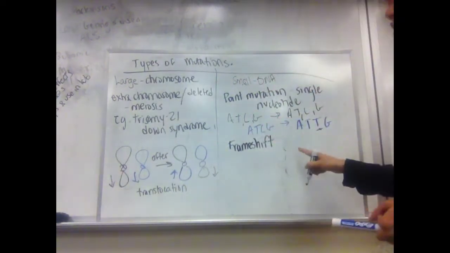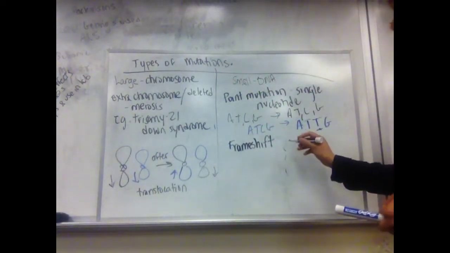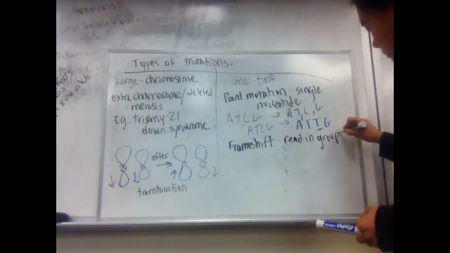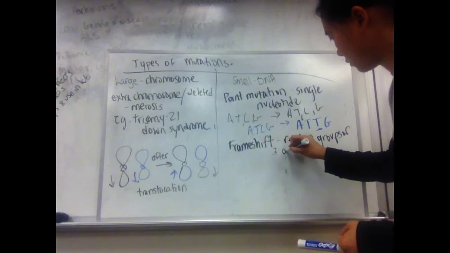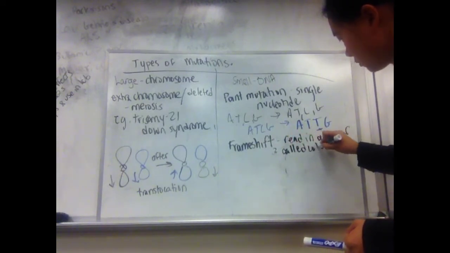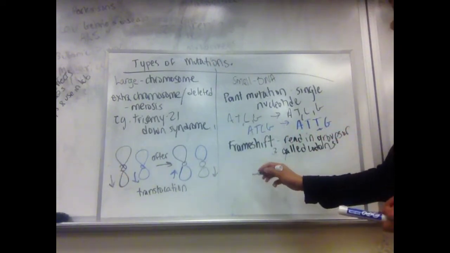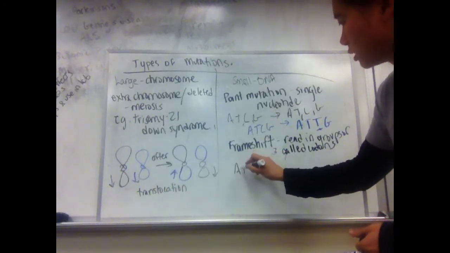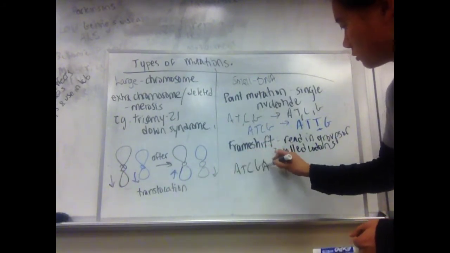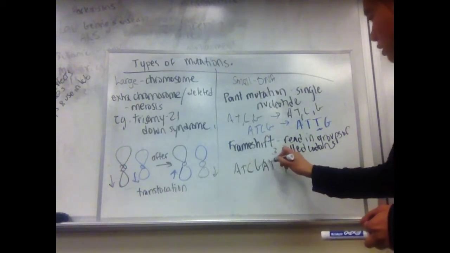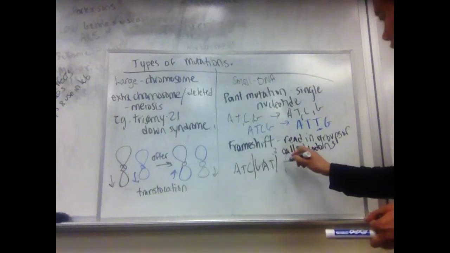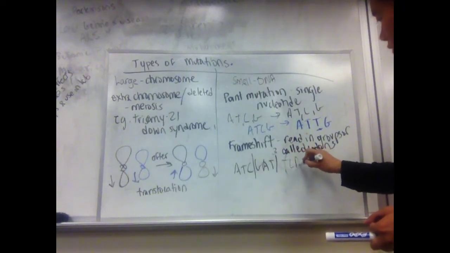And a frame shift has to do with the reading frame. If you recall back to gene expression, we're reading groups of 3 called codons. And because of that, if we have a deletion or an addition of a non-multiple of 3, so for example, A, T, C, G, A, T for our sequence. We'll go a couple more nucleotides.